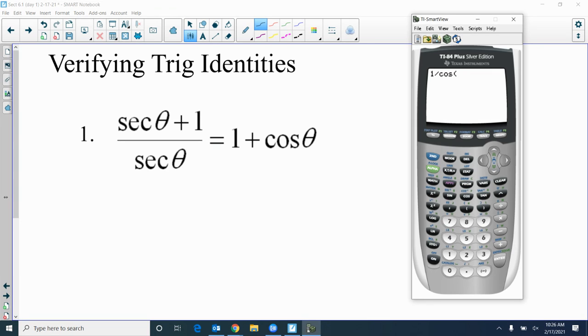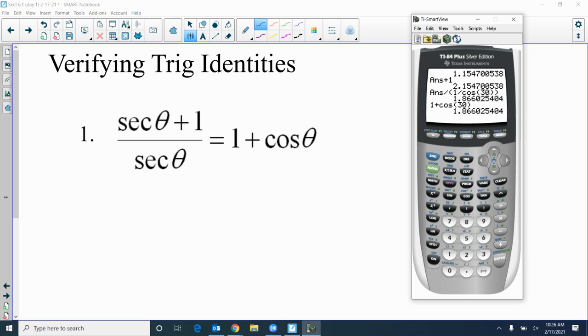So 1 over cosine of 30 plus 1, divided by 1 divided by cosine of 30. So that all equals that, right? So if this is right, what should 1 plus cosine of 30 equal? So 1 plus cosine of 30. Same thing, right?